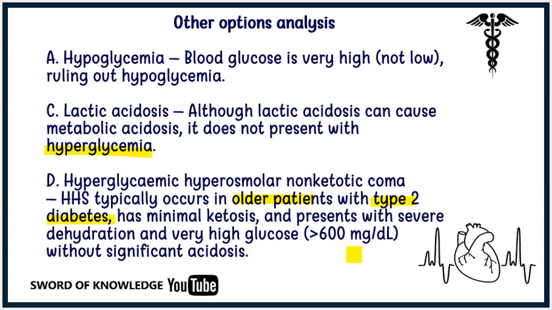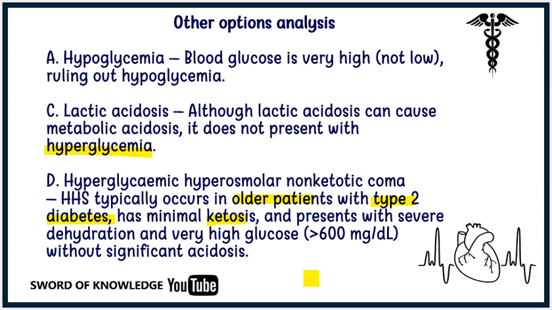So epidemiology is also important with type 2 diabetes. Remember that this hyperosmolar hyperglycemic state, also known as HHS, is present in type 2 patients, who are obviously older patients, while type 1 patients are mostly younger, because type 1 has a genetic factor most commonly, and type 2 has a different epidemiology and has minimal ketosis.